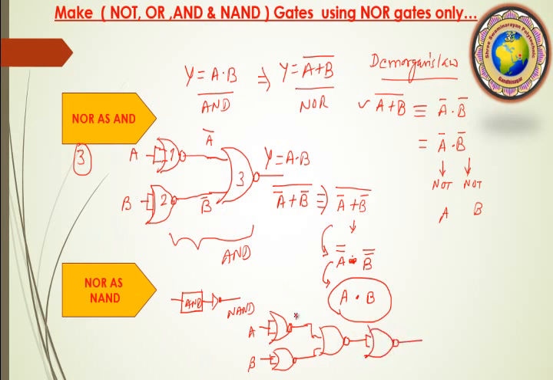So what happened here is a bar and b bar. Here our output is A dot B, and final output is (A dot B) bar. This is equivalent to a NAND gate. By using that we require 1, 2, 3 and 4, so we require 4 NOR gates to develop a NAND gate.